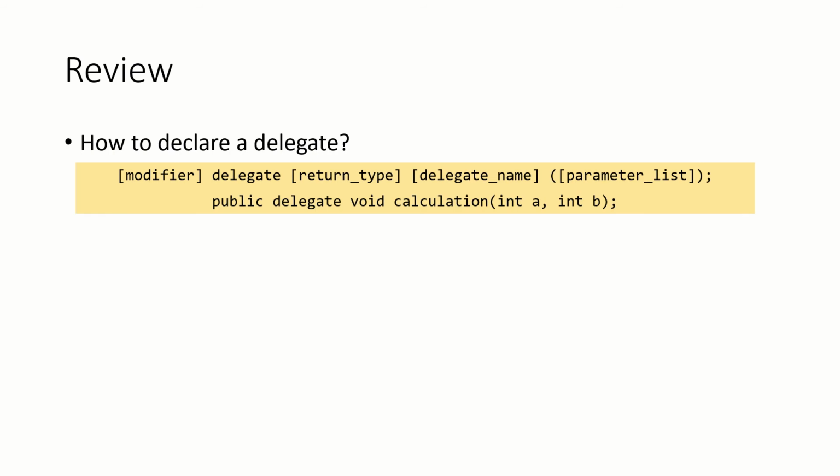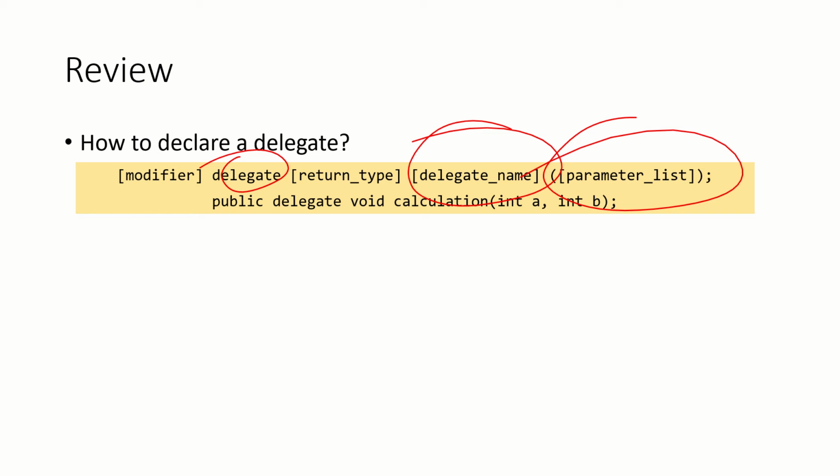So how do we declare a delegate? This is very similar to when you declare a class reference, right? We use the keyword delegate, with the delegate name and the method parameters. Because we want this delegate to represent a method, right?